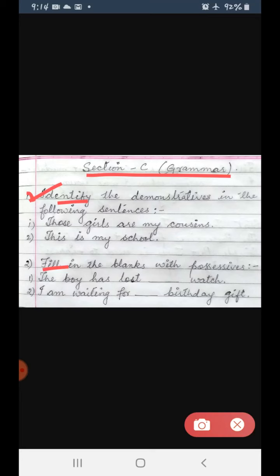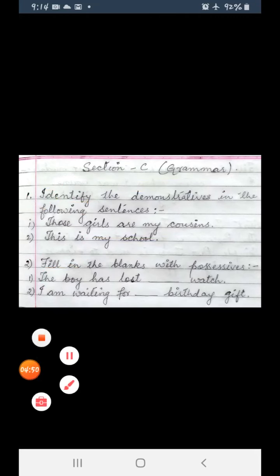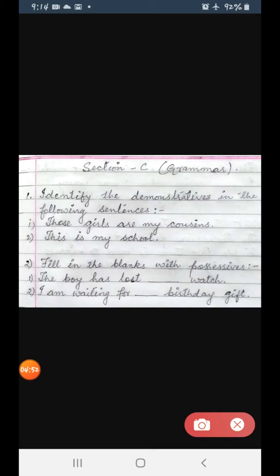Okay, now let's proceed. Question number 1. Identify the demonstratives in the following sentences. What is a demonstrative? Demonstratives point out an object, that means it shows by pointing out a subject or an object.